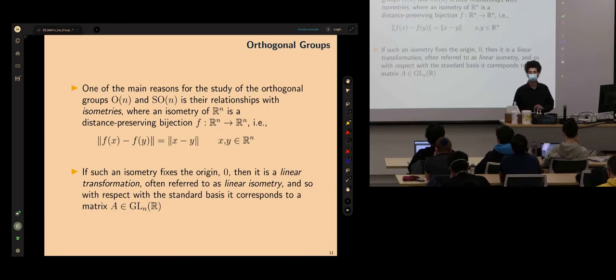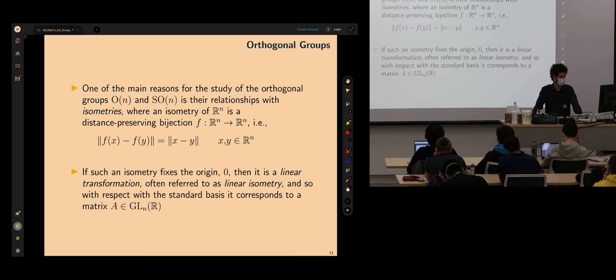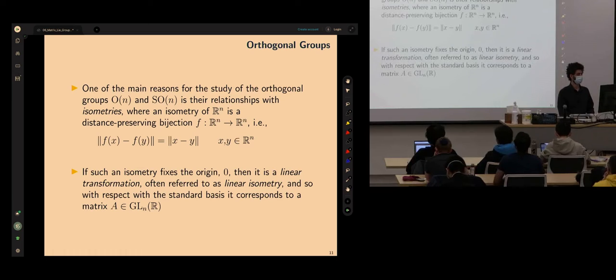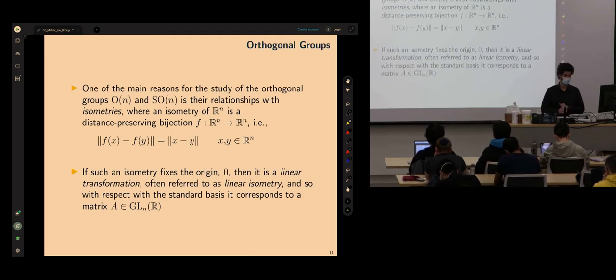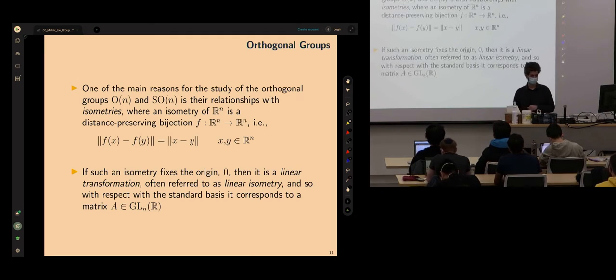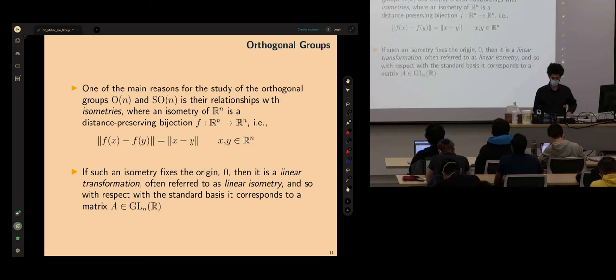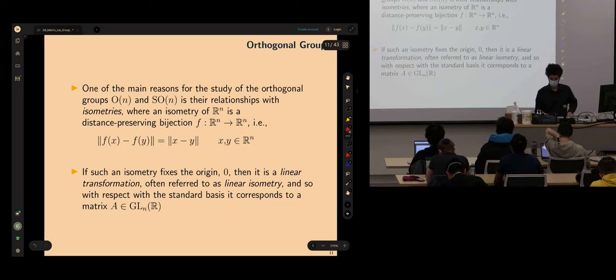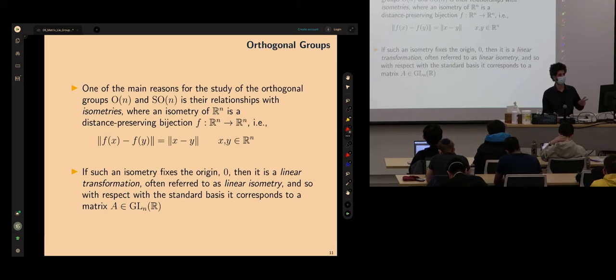Okay, we're back to rigid body motion. One particular reason to study these groups is that we want to talk about the isometries of each space. Now, what is an isometry? An isometry is a bijection, a transformation that is one-to-one and onto, and it preserves some distance.